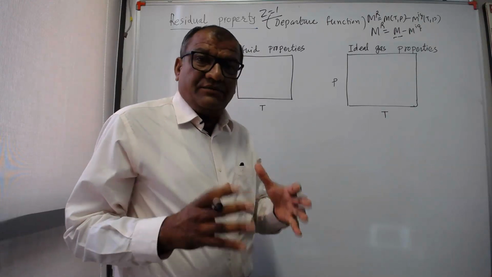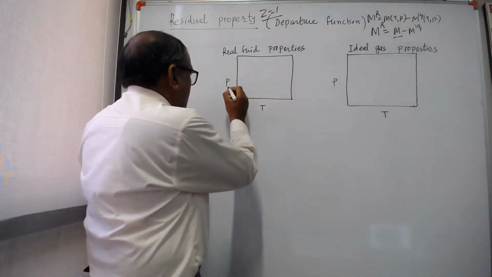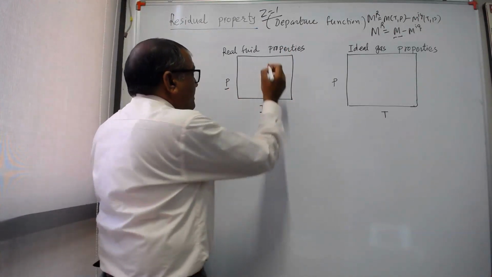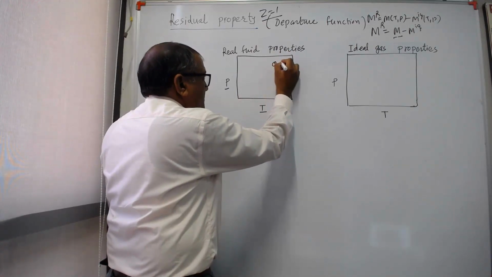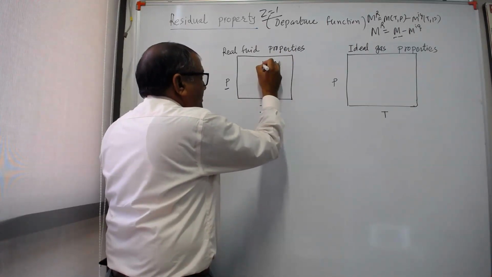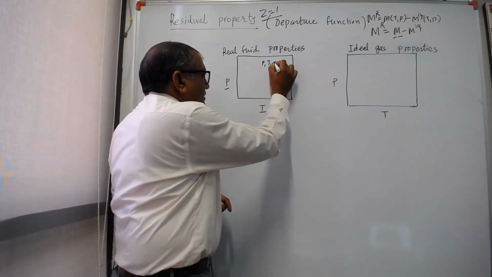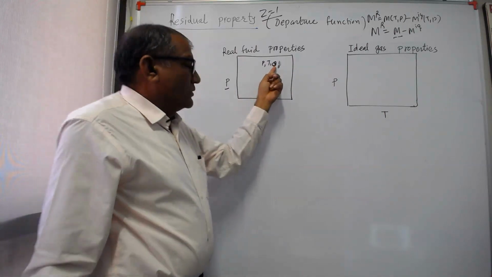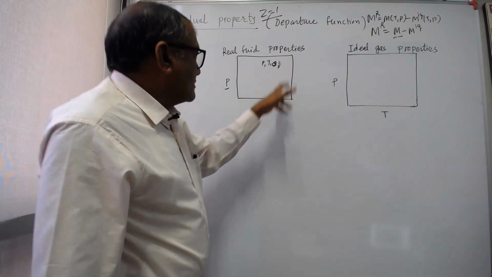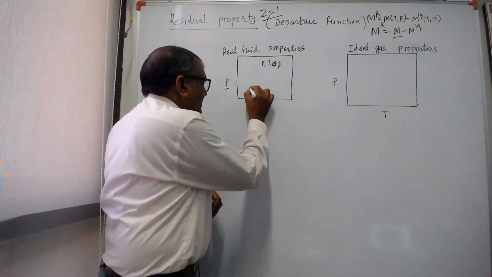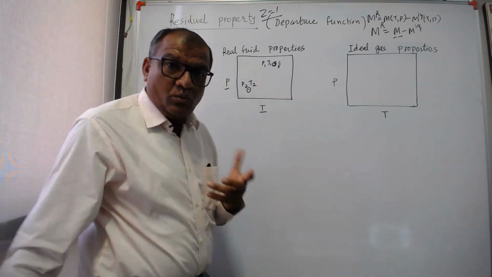But what is the significance of residual property? I have just drawn one diagram. Suppose I consider pressure and temperature, and this is the real fluid, as for example, state 1, with pressure P1 and temperature T1. I can denote state 1 here. During the process, the final state is something here, as for example P2 and T2.